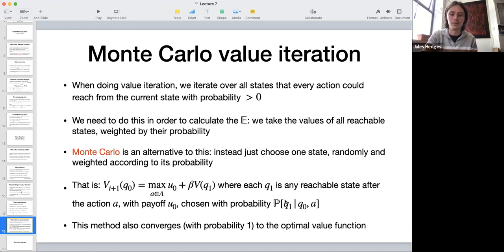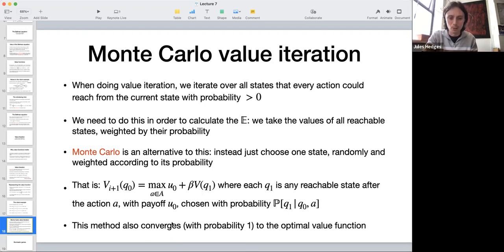So we're going to choose a Q1 for every A, and the choice of Q1 also determines the payoff that we get for that transition, namely U0, and then we're going to modify the value function according to this. I also forgot to write the subscript here. So this is VI, that's the previous estimate of the value of Q1.